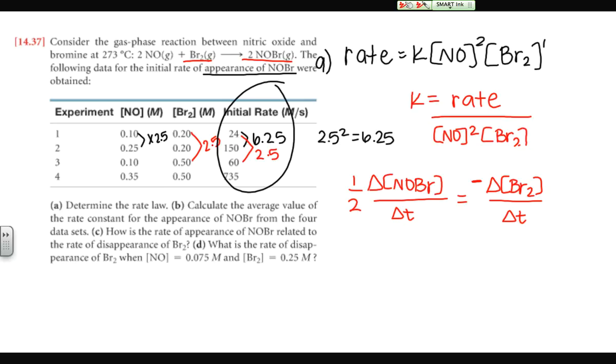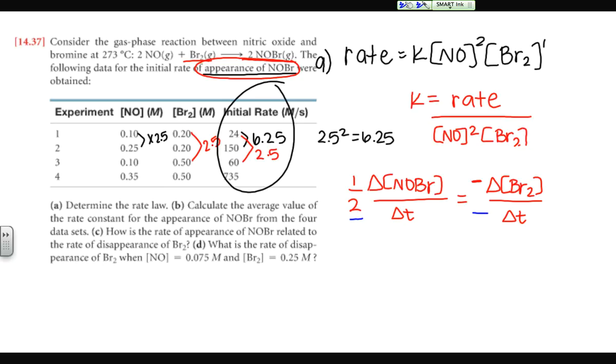So this is just my comparison, but now I want to use this and I want to find what is the rate of disappearance of Br2 when my NO equals 0.075 and my Br2 is 0.25. Now, I calculated my K value for the appearance of NOBr. So when I plug my values into my rate law, I'm going to find my rate of NOBr. But we just determined that those values are not one-to-one.